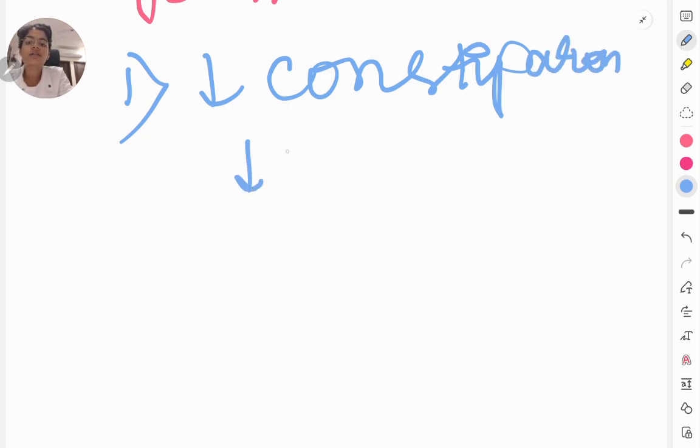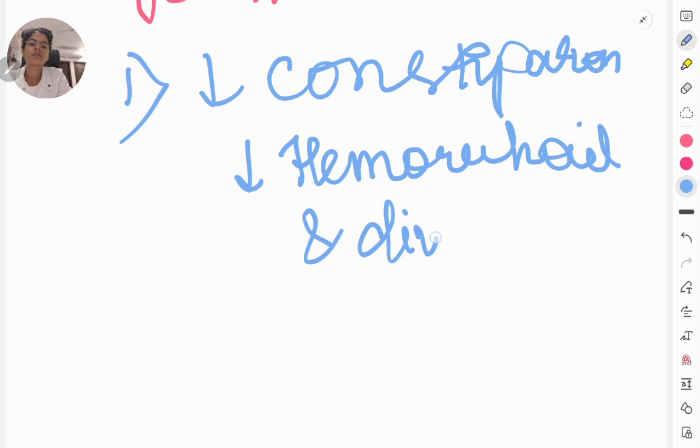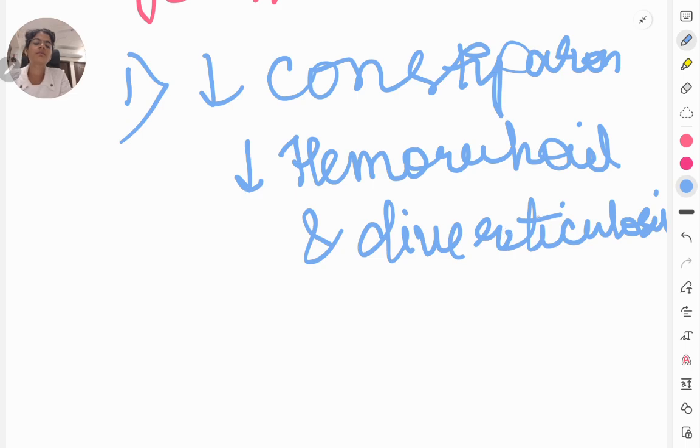Also it is reducing the chances for hemorrhoid and diverticulosis. Just keep in mind the names only. Actually, hemorrhoid is when there is a clot formed.